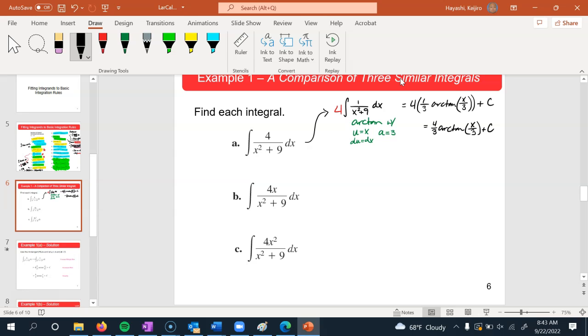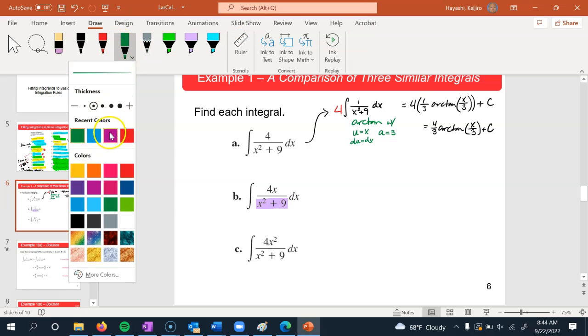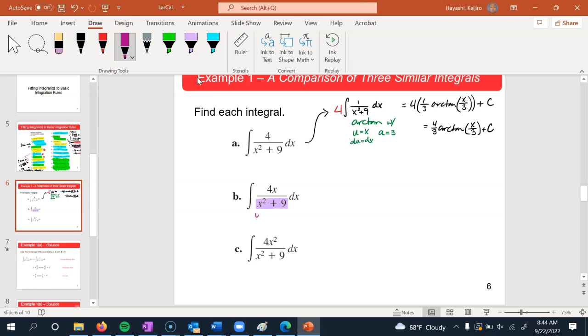It might be a u substitution because if you think of this as a composition of functions, there being some sort of inside function on the inside of some outer function, the innermost function looks like it would be that x squared plus 9. So if we allow that to be our u, if u equals x squared plus 9, then our du, if we were going to do a u substitution, would be 2x.